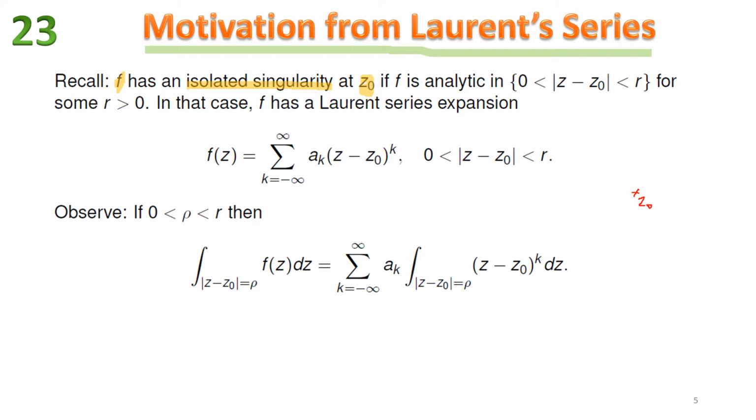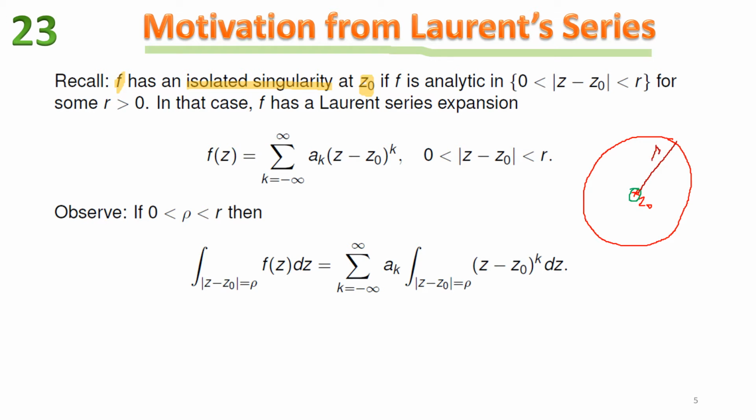So here we are talking about a region of radius less than r. So we are talking about this disk and the exceptional point is this z0. And what is the radius of the circle? The radius of the circle is r.